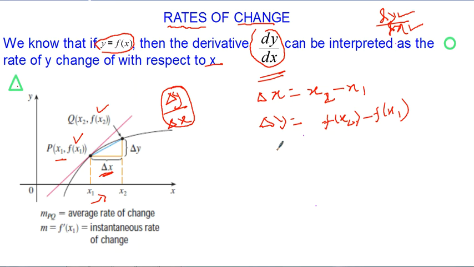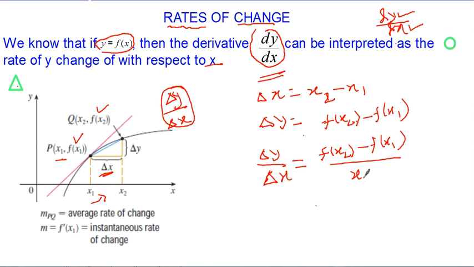So the difference quotient will be del y upon del x. This is a difference quotient, so del y upon del x equals (f(x2) minus f(x1)) upon (x2 minus x1).